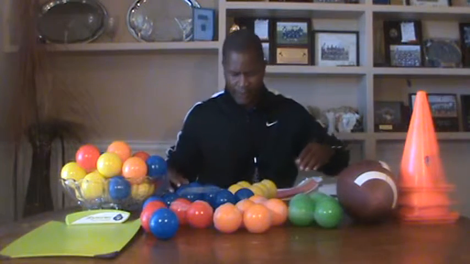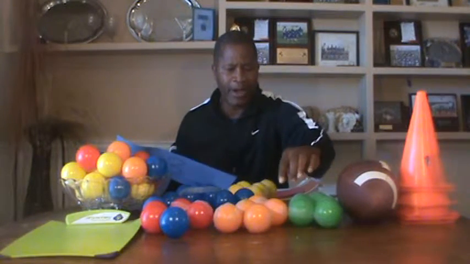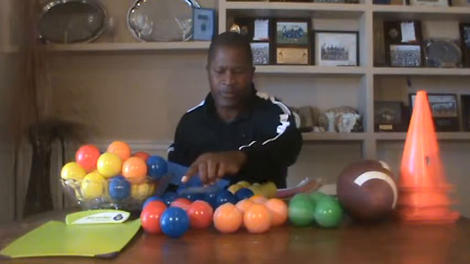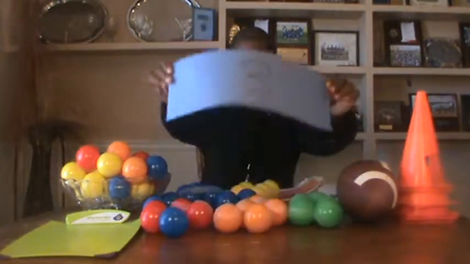So 15 divided by 5: 1, 2, 3, 4, 5, 6, 7, 8, 9, 10, 11, 12, 13, 14, 15. Meaning that there are going to be 3 groups of 5.